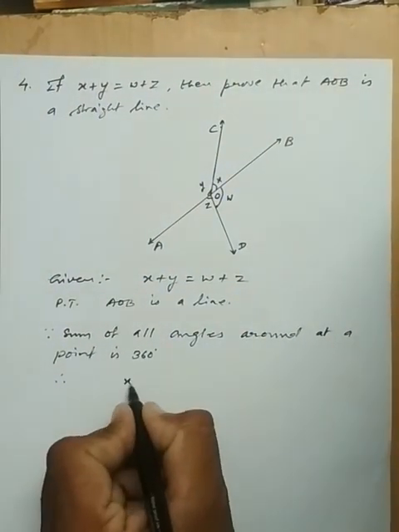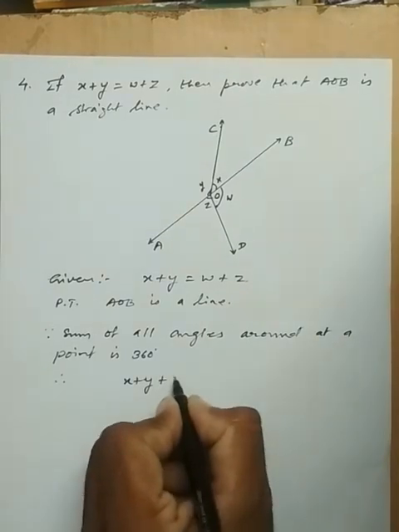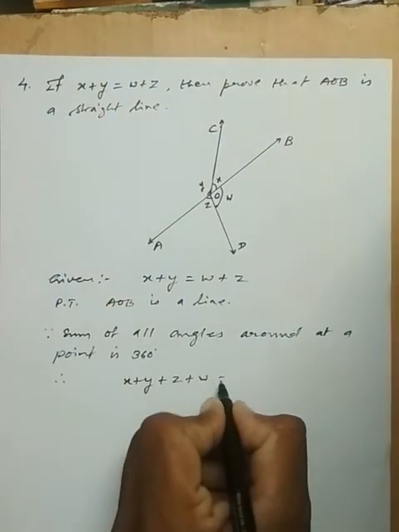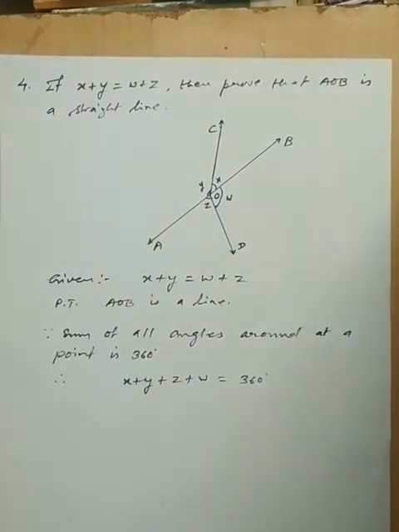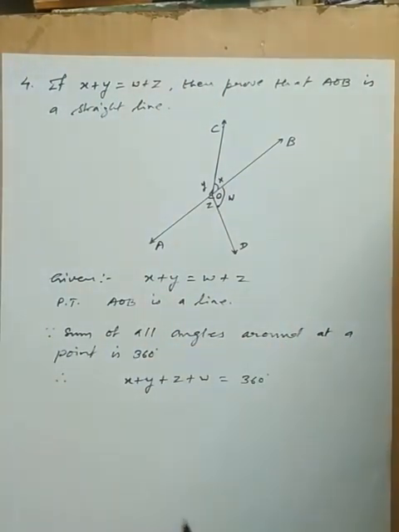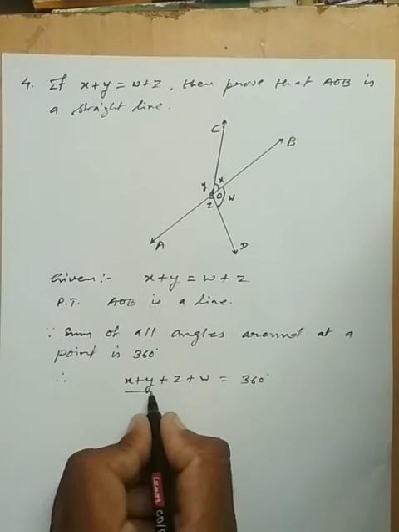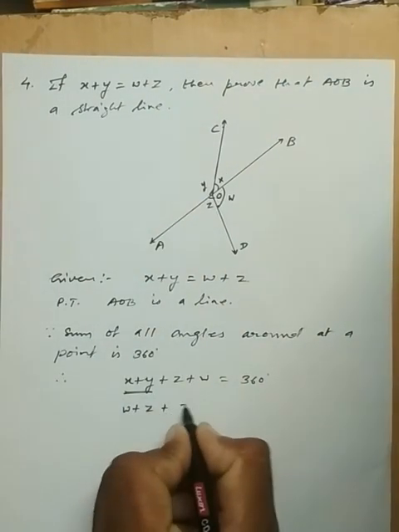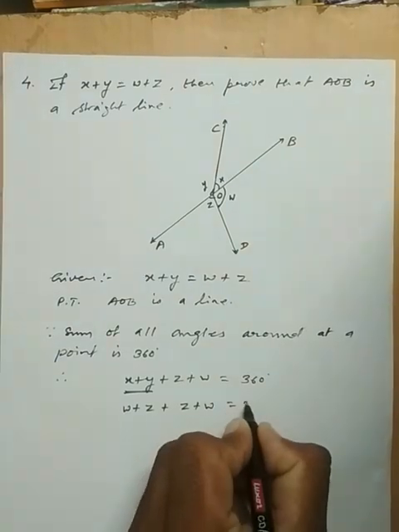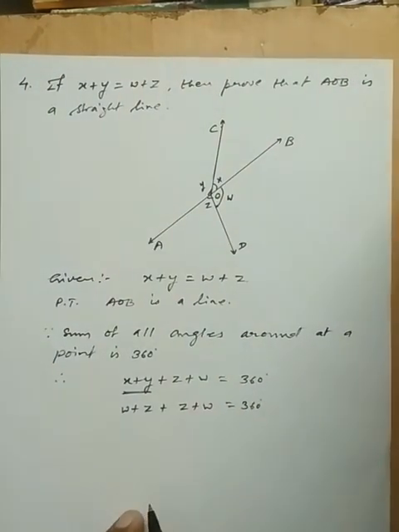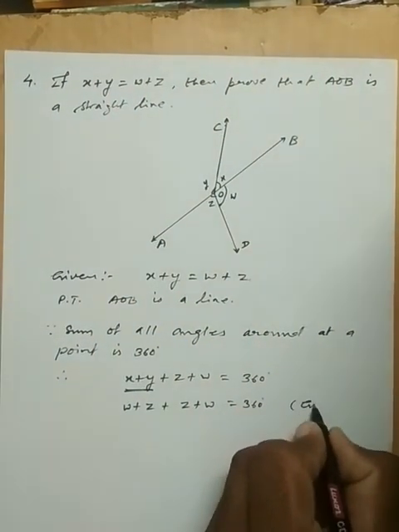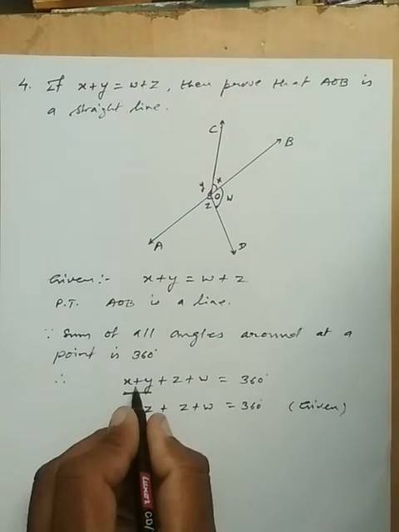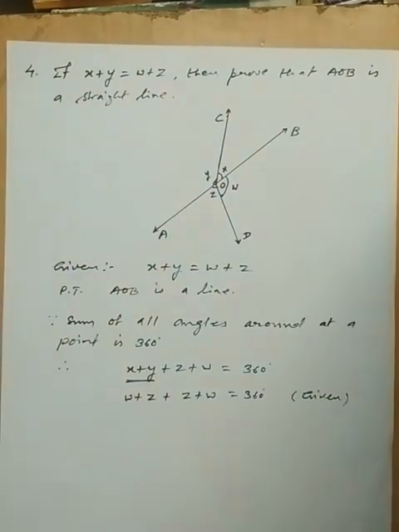Therefore x plus y plus z plus w is 360 degrees, and here x plus y is equivalent to w plus z. So in place of x plus y, we can put w plus z, as it is the given part.